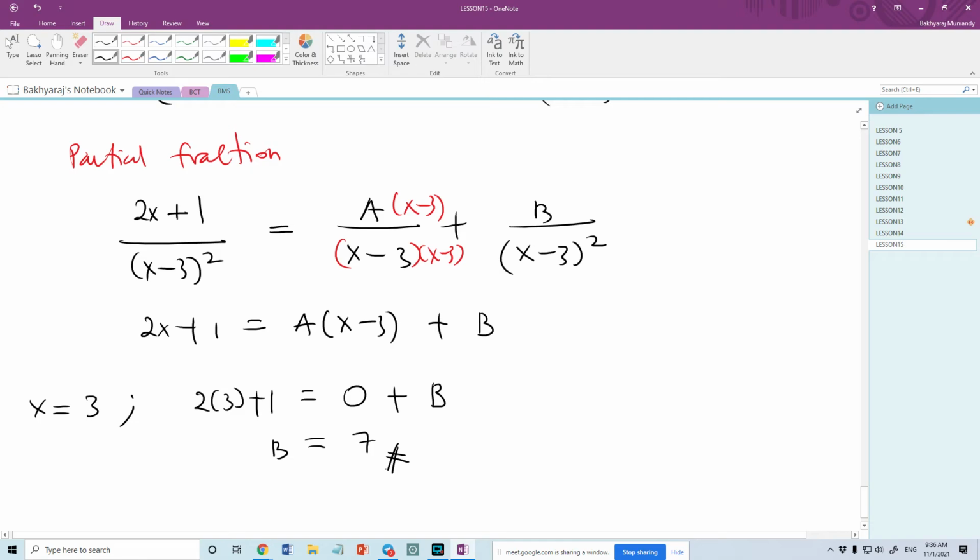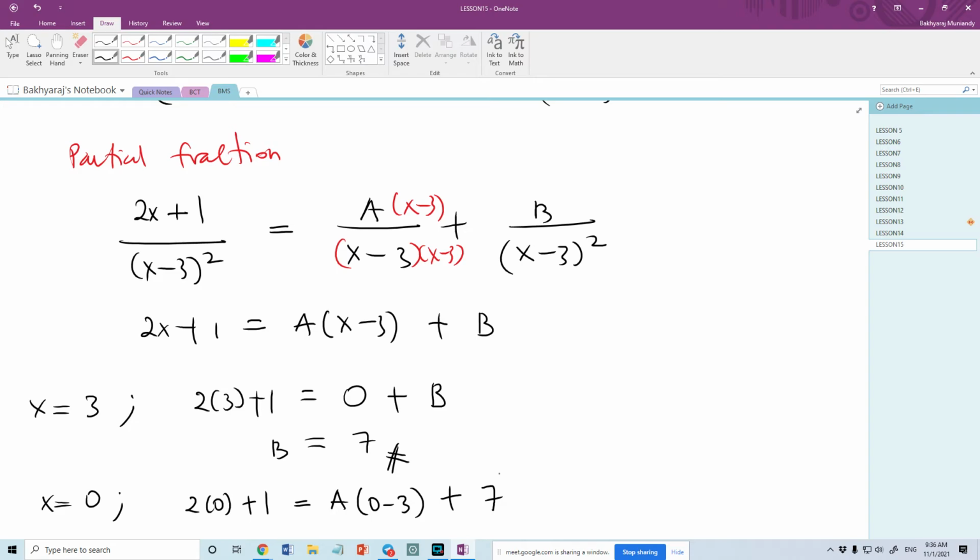Next you put x equals 0, and then b equals 7 you substitute. So you get 2 times 0 plus 1 equal a times 0 minus 3 plus 7. Put the 7 inside, because to find a, you need to substitute b.